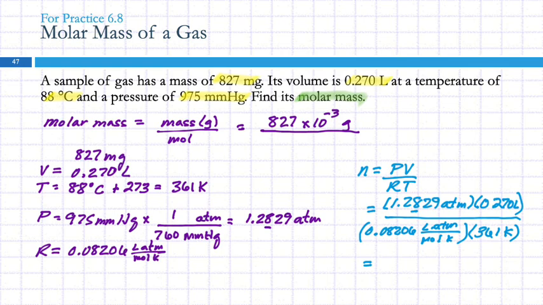So I'm getting n is equal to 0.011693 moles. Did I do that wrong? Let me try it again. Nope, I got the same answer.